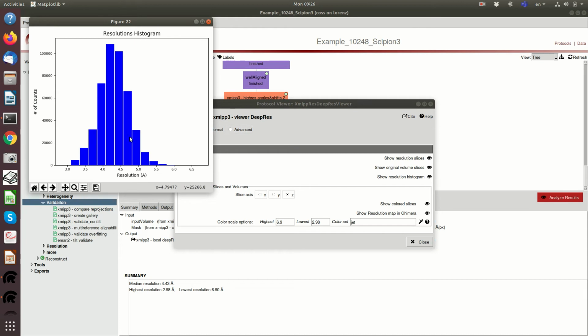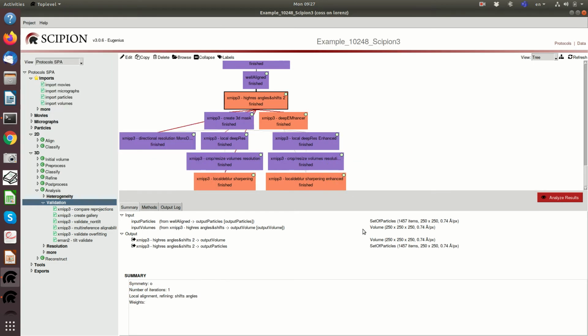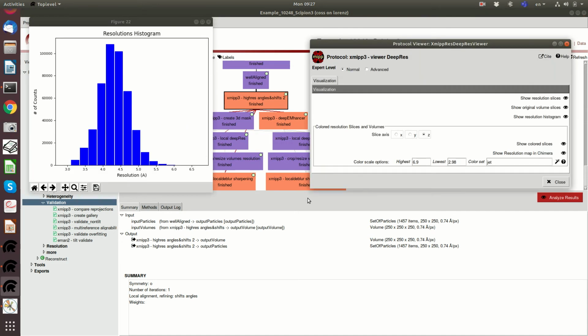So actually we don't have 3 angstrom or 3.2 angstrom resolution. Most of the voxels are more around 4, which is consistent with the fact that we have less than 2,000 images. So we did a lot with 1,500 images.